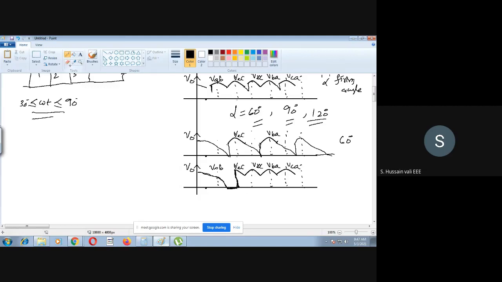Similarly, there is a small duration where the voltage is 0.